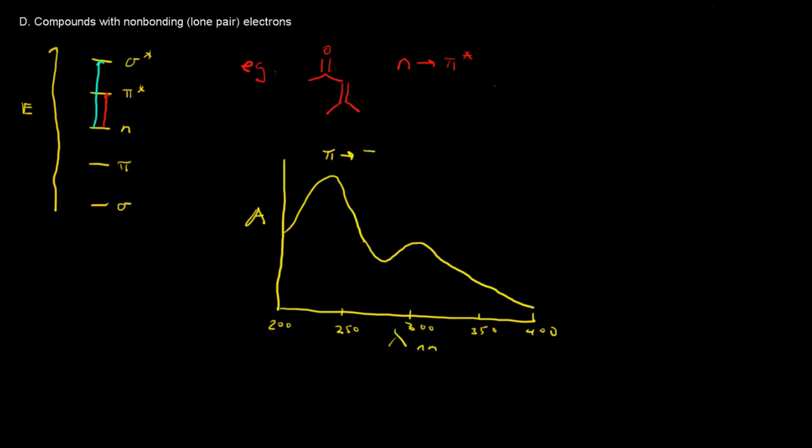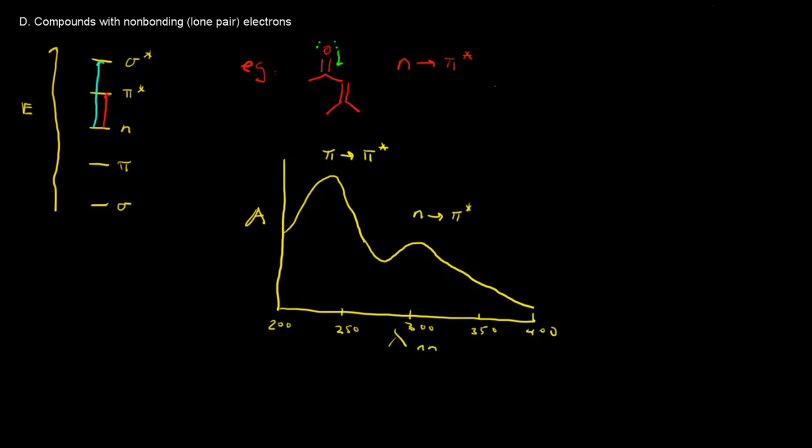So it's an electron being excited from a pi bonding orbital to a pi star antibonding orbital. The second absorption here is the n to pi star transition. And so what's happening in an n to pi star transition is that one of the non-bonding electrons in one of the lone pairs is being excited to an antibonding orbital in the pi electron system.